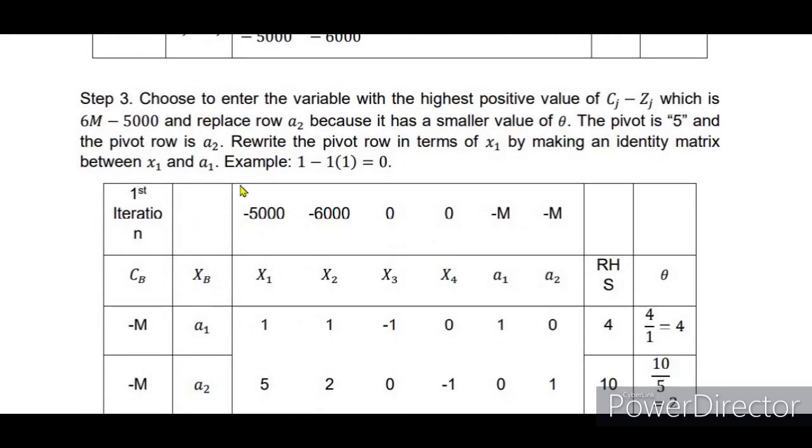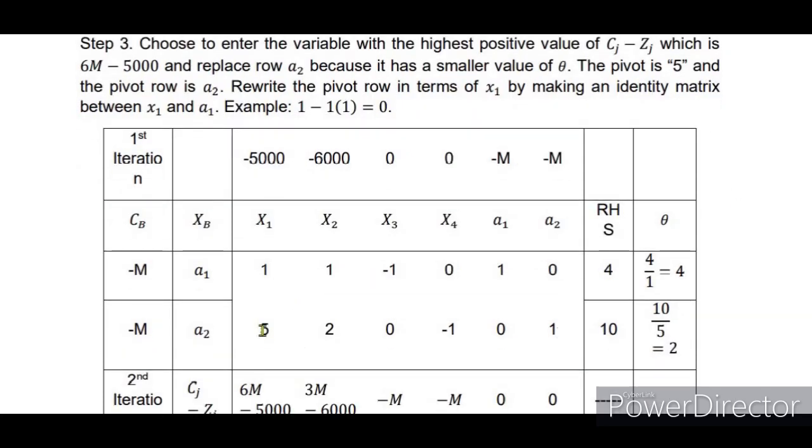So step 3, we choose to enter the variable with the highest positive value. So it is 6m minus 5,000, and we will replace a sub 2 because it has a smaller value of theta. So the pivot element here is 5 because it is the intersection between x sub 1, with the highest positive value of cj minus zj, and a sub 2, which has the smallest theta.